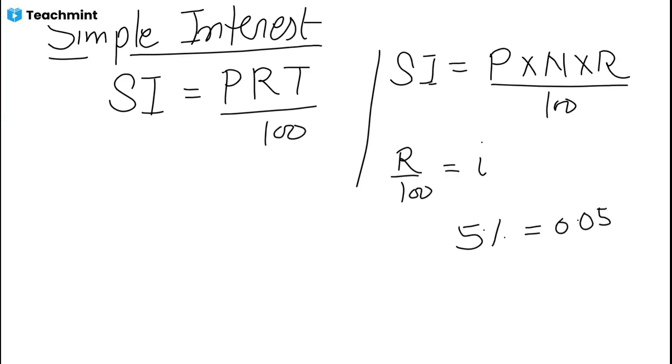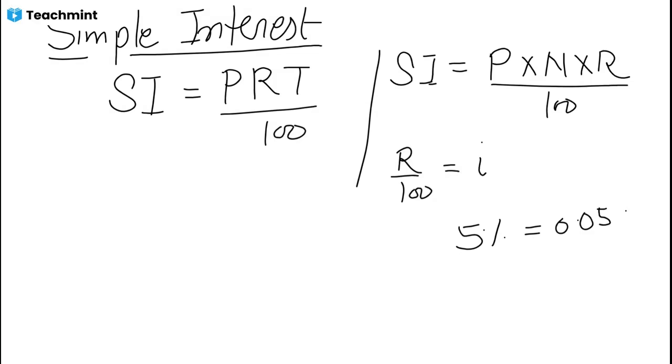Then this is I. Either you can use this form or this form. After simplification we need to do this only, so you can use any form. Got it?